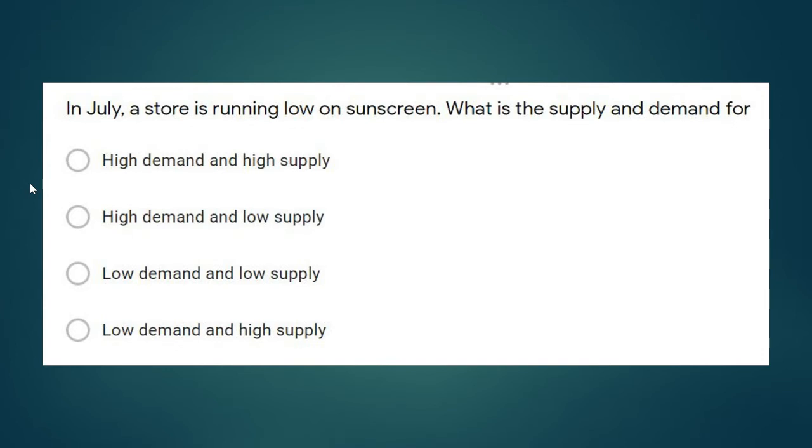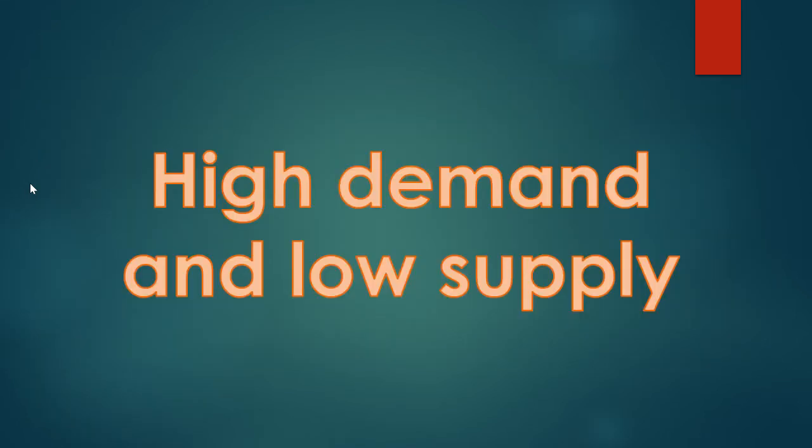Low demand and low supply, meaning hardly anyone wants it, but there's not much available. Or low demand, high supply, not many want and lot is available. Well, in July, sunscreen, it would be high demand and low supply. A lot of people want it, high demand, but there isn't very much available.